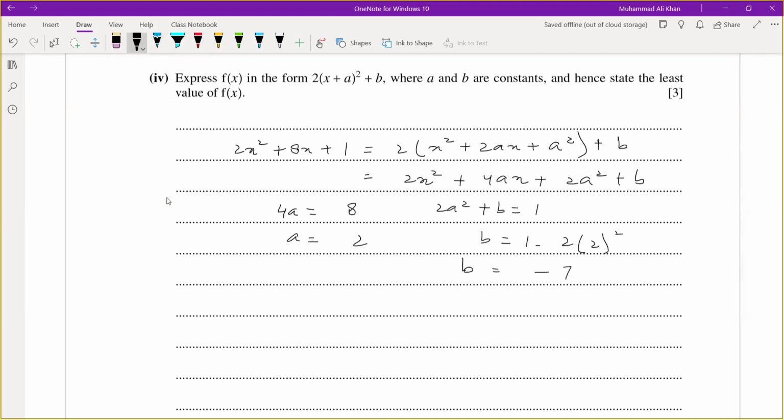So hence state the least value of x. ठीक है. हम अब हमारा कर्व क्या बनकर आ गया? 2(x + 2) होल स्क्वायर -7. अब आप देखिए लीस्ट वैल्यू कैसे आती है? बाय द वैल्यू ऑफ h एंड k. और व्हाट इज द वैल्यू ऑफ h हियर? -2, k -7. यहाँ पर जो भी साइन हो उसका नेगेटिव साइन लिया जाता है फॉर फाइंडिंग आउट द वैल्यू ऑफ h. इस वजह से मैंने 2 को -2 यहाँ पर कंसीडर किया है. सो दिस इज पार्ट 4 ऑफ द फंक्शंस क्वेश्चन.